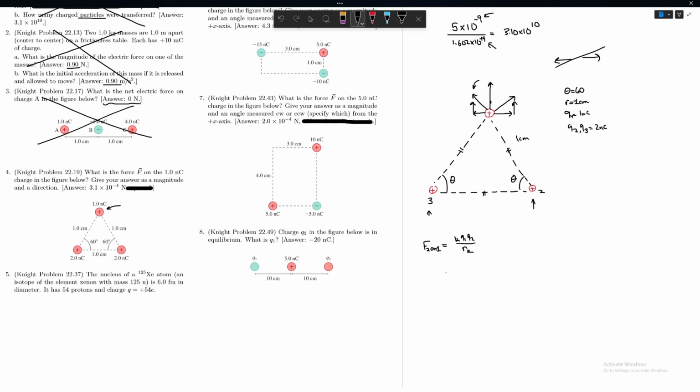And so we actually will need to use theta. So k q1 q2 is k times q1, what's my q1? 1 times 10 to the negative 9. My q2 is 2 times 10 to the negative 9, all over the distance between q1 and q2, which is just 1 centimeter.